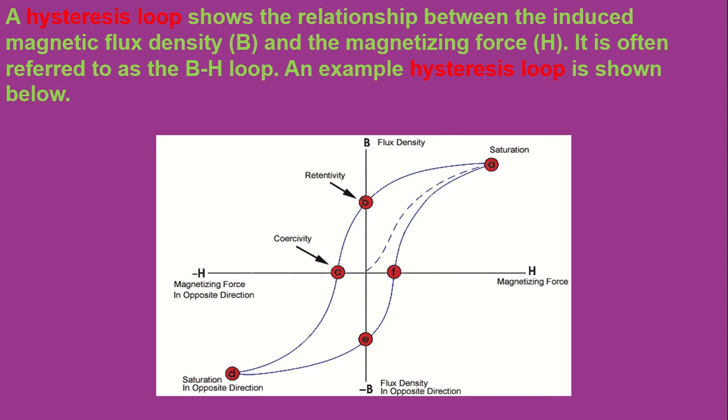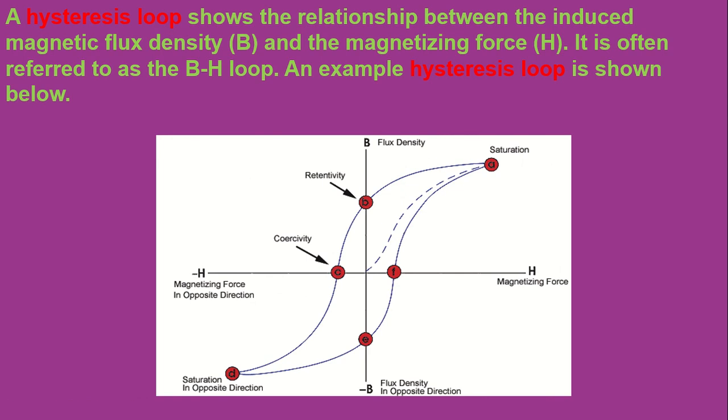Now, to bring the value of B to 0, at point C the value of B will be 0, but the magnetizing force H will increase in the negative direction, that means the negative X direction.